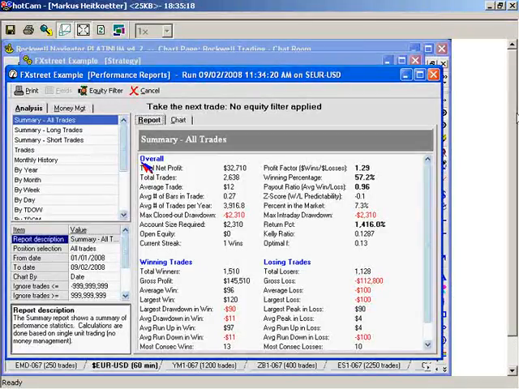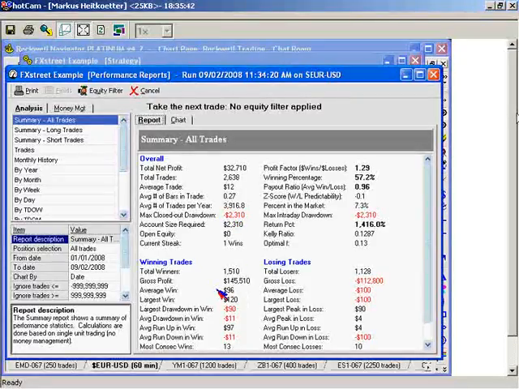Woo! Look at that. Adding a small stop loss would actually decrease our total net profit. It would decrease the average profit per trade. It decreases the profit factor and the winning percentage. Of course, it also decreases here our maximum drawdown. But let's see if we find a good balance.